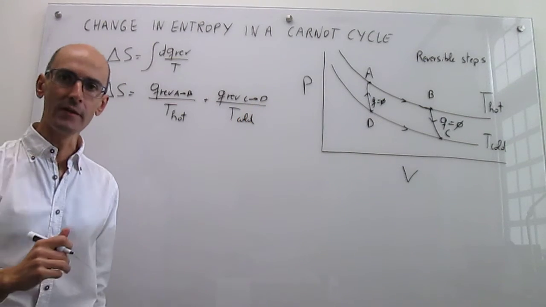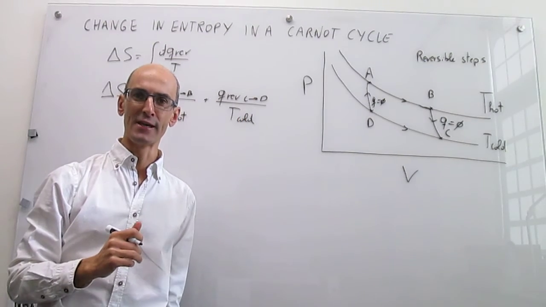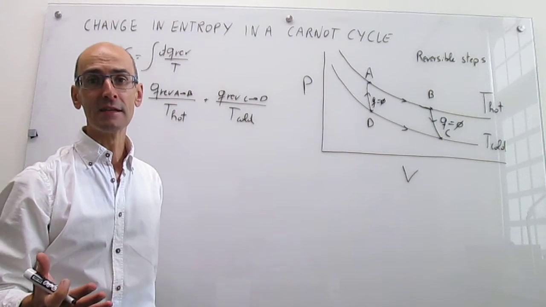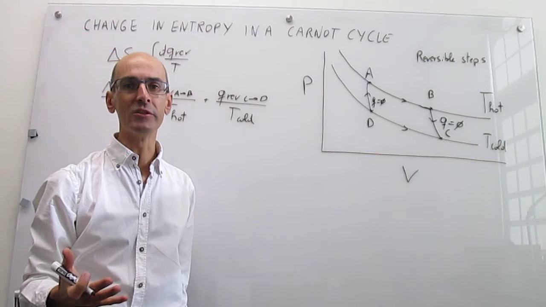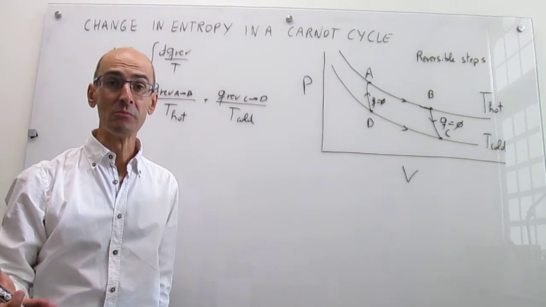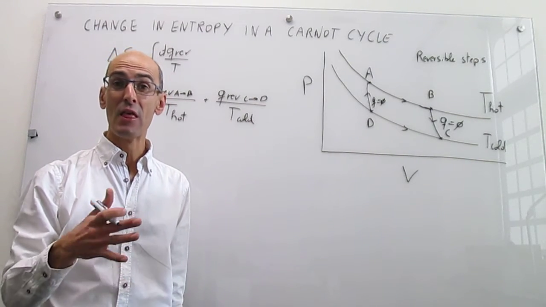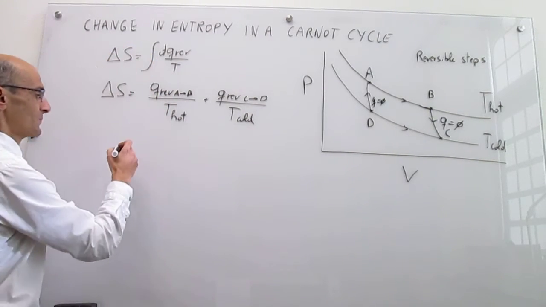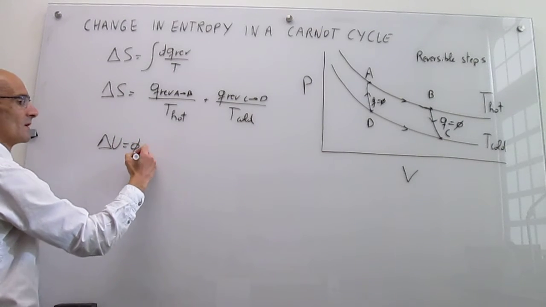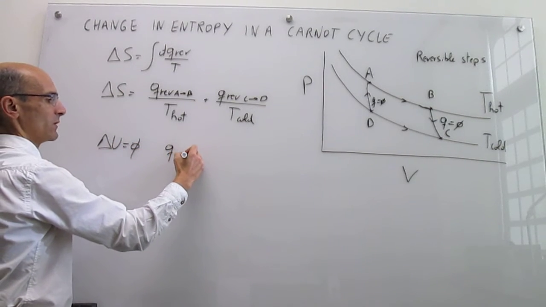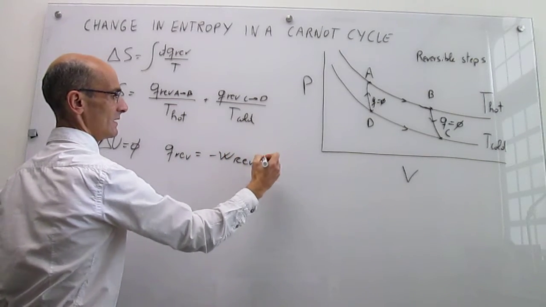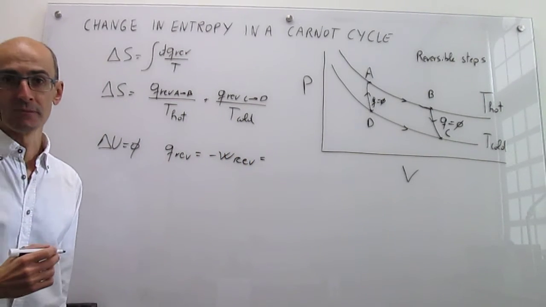Okay, so let's talk about that reversible heat in those isothermal expansions. We know that in isothermal expansion of an ideal gas, there's no change in internal energy because the internal energy of a gas only depends on temperature. And if the temperature doesn't change, then the internal energy doesn't change. Okay, so because delta U is equal to 0, for each one of those steps the reversible heat is going to be equal to minus the reversible work.